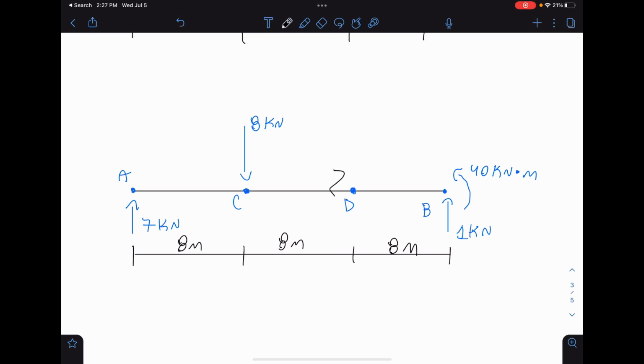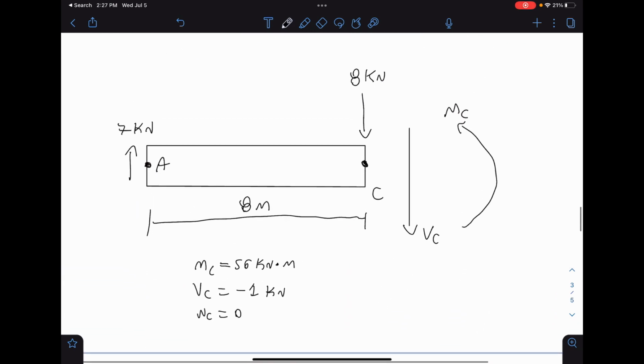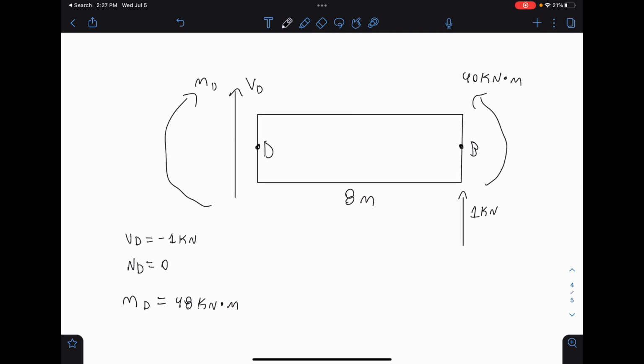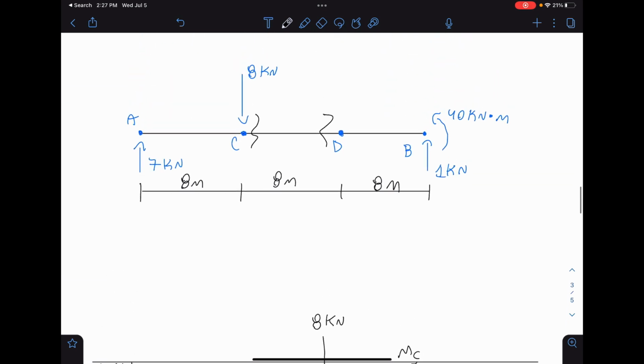And then we made cuts at each of the points, solved for our internal forces, and that's it. And that's how you find internal loadings in beams and rods. Thank you for watching.